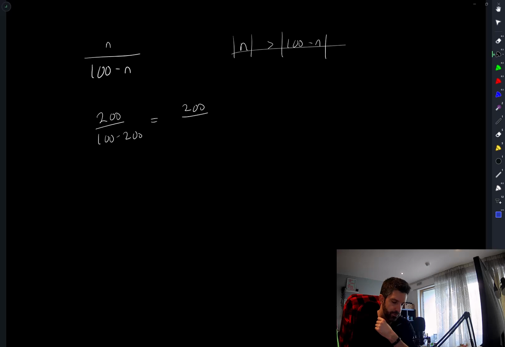That's 200 divided by, does it say positive? No. 200 divided by negative 100, which is negative 2. But I think that's the largest value of n that will work, because this is getting larger and the denominator is getting larger in the negative direction.